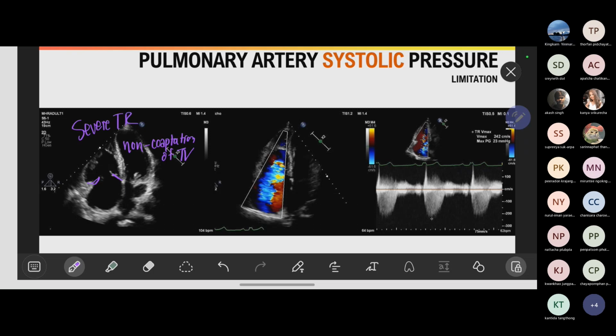And TR velocity can result in underestimation because there is no difference between right atrial pressure and RVSP. So this patient should go for right heart catheterization for assessment of pulmonary hypertension.